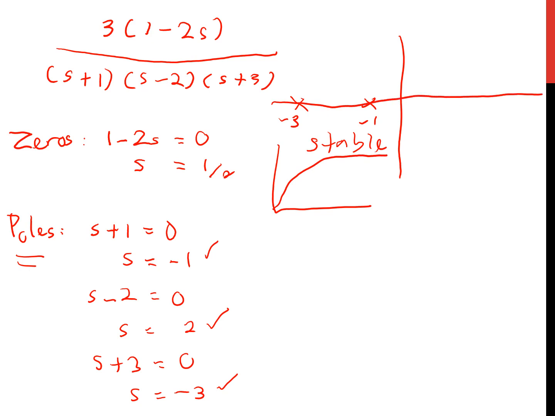So negative 1 is here, negative 3 is here, and then you have s equal to 2, so the position is here. What is the expected response when you have one pole over here at the positive value and 2 at the negative value? What is the response? It becomes like this.